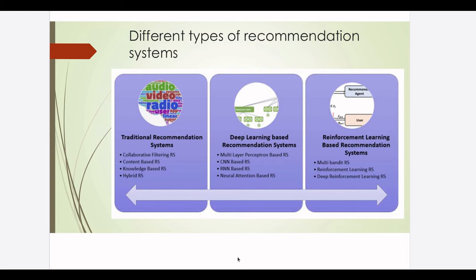There are different types of reinforcement learning approaches to building recommendation systems, like, for example, the multi-armed bandit approaches. And the other ones are the traditional reinforcement learning approaches, like Markov decision processes or temporal difference learning, and many of these approaches fall under traditional reinforcement learning.